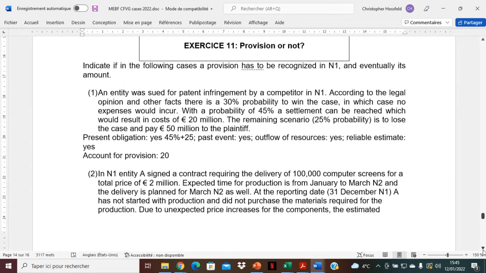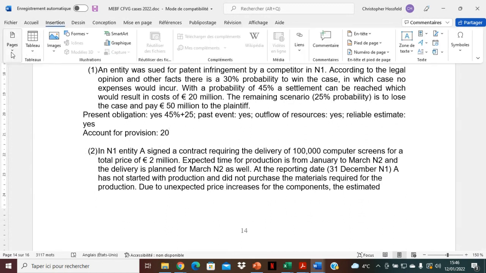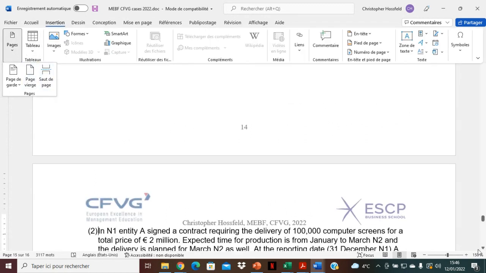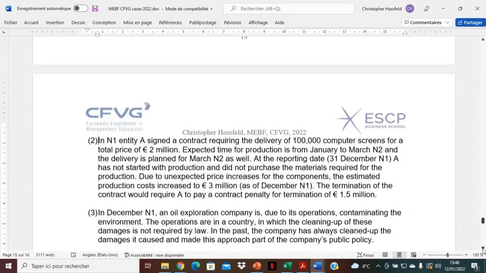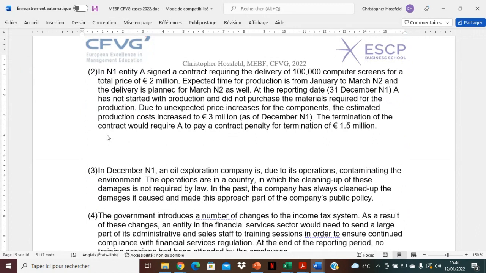Second case, in N1, entity A signed a contract requiring delivery of 100,000 computer screens for a total price of 2 million. Expected time for production is from January to March N+2. The delivery is planned for March N+2 as well.